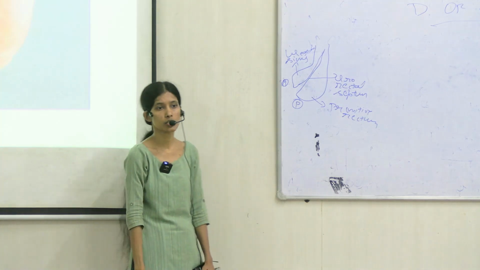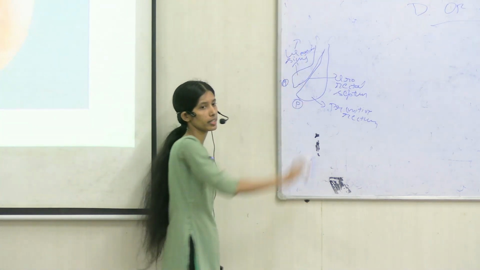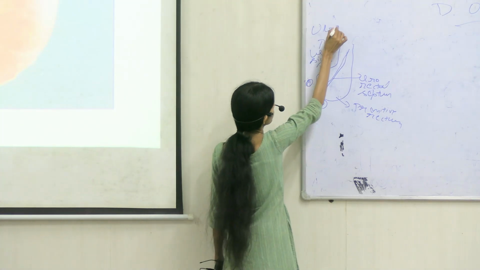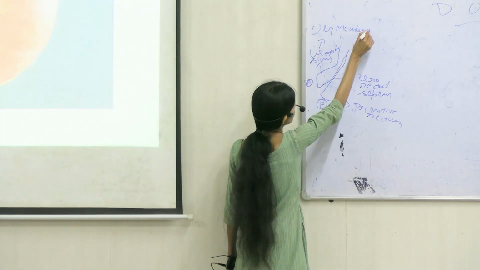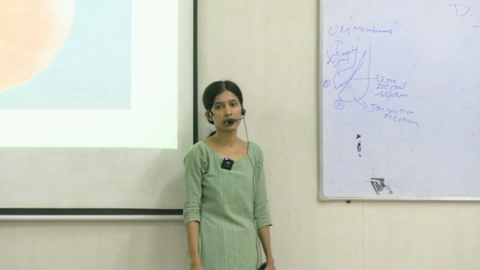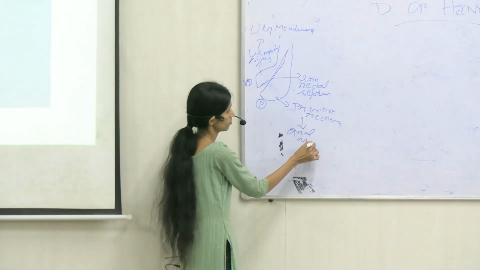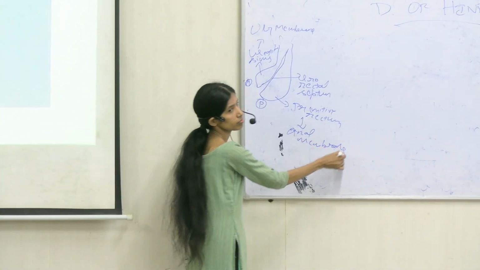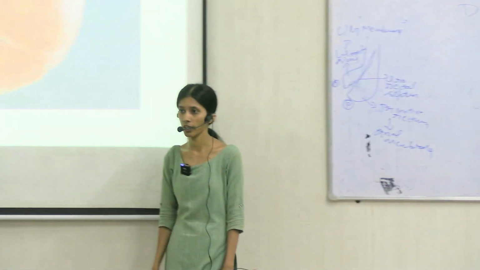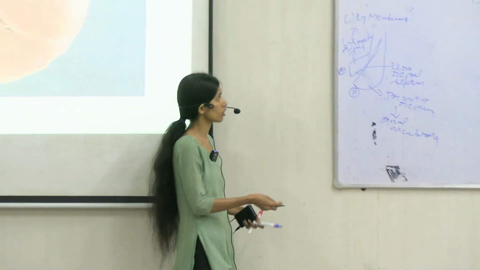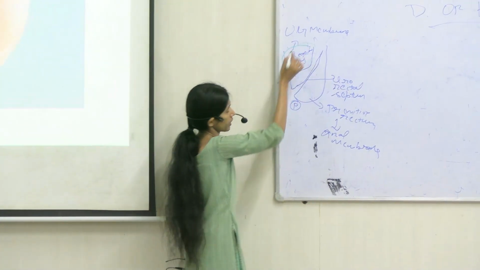The urogenital sinus is lined by urogenital membrane, and the primitive rectum is lined by anal membrane. These are the points we have discussed in the previous class. So now we'll concentrate only on the urogenital sinus.